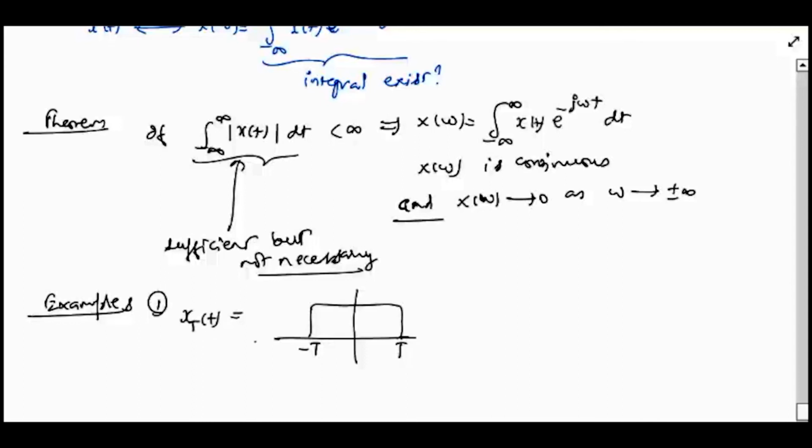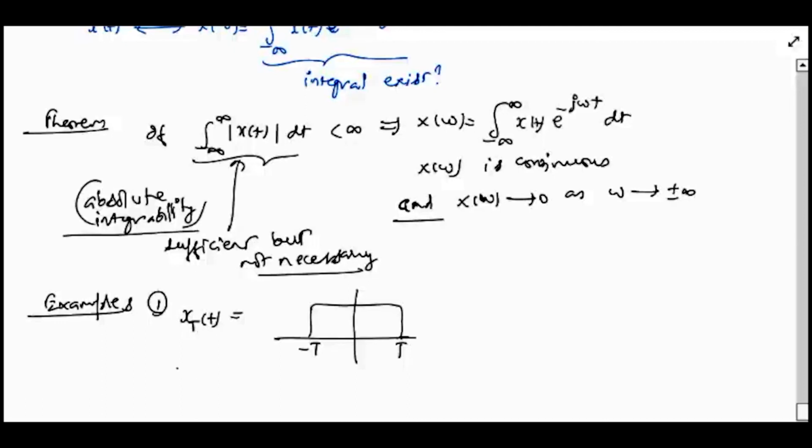Clearly this is absolutely integrable. This notion is called absolute integrability, and absolute integrability is enough to ensure existence of the Fourier transform.